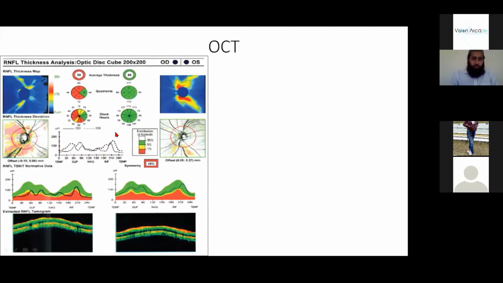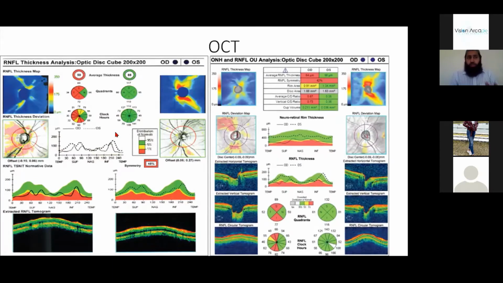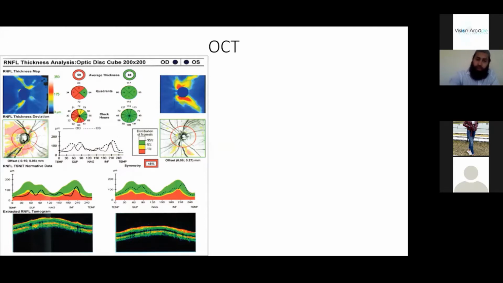With OCT, there are two things that are very important for me. One is the retinal nerve fiber layer thickness, and how that is displayed is on the left. If you look at this picture, there is a red ring around the optic nerve, and the area between the optic disc and this red line is displayed here in a linear form.